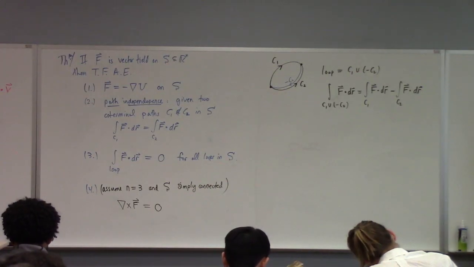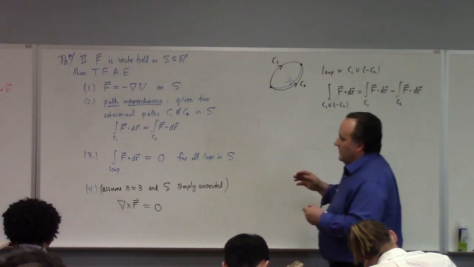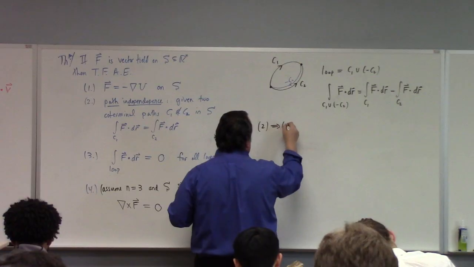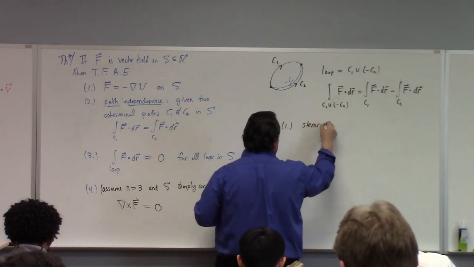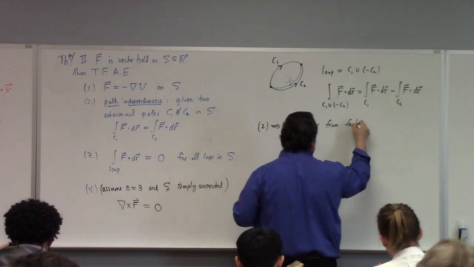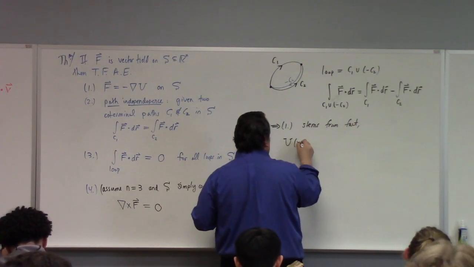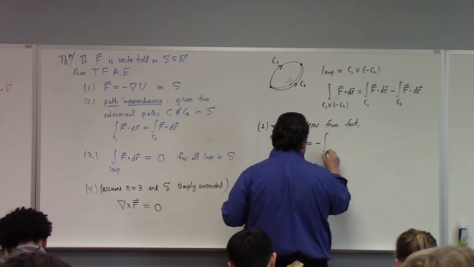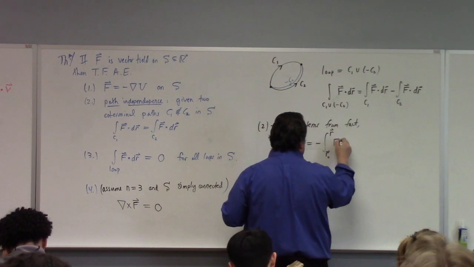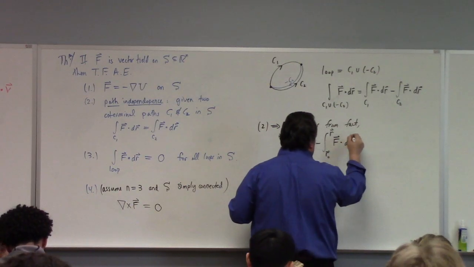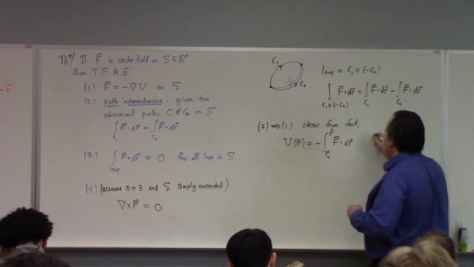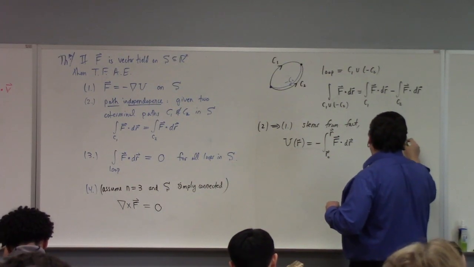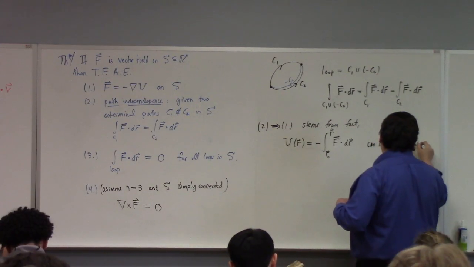It's somewhat technical why path independence implies 1, but 2 implies 1 stems from the fact you can write u at r equals minus the integral from some potential point r naught to r of f dot dr. You can differentiate this, and I'm not going to do that, but you can show that the gradient is equal to minus f.